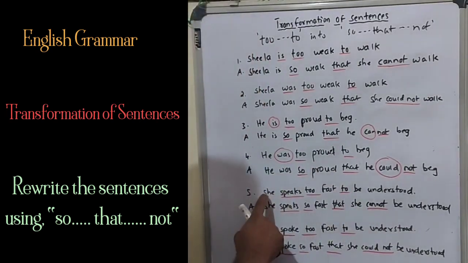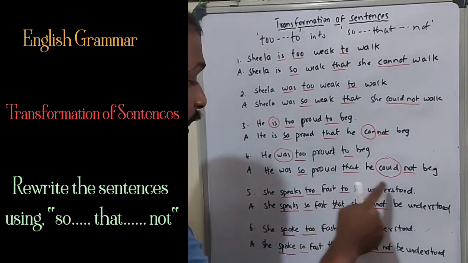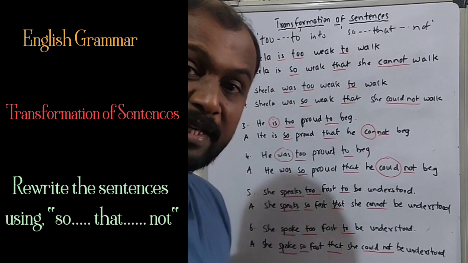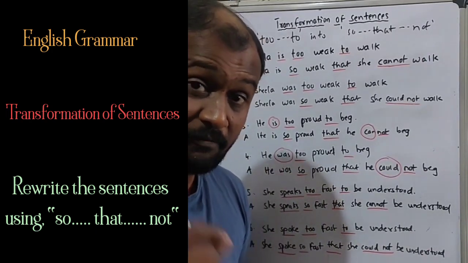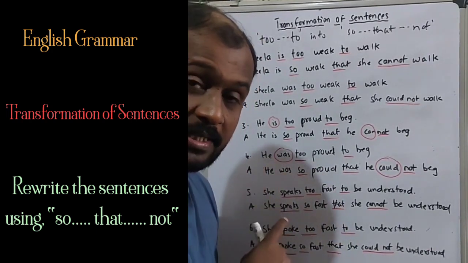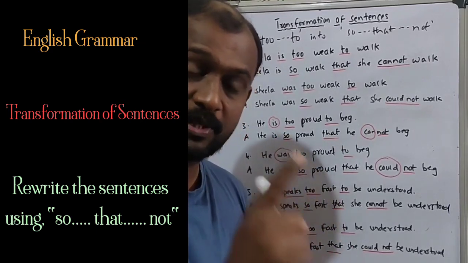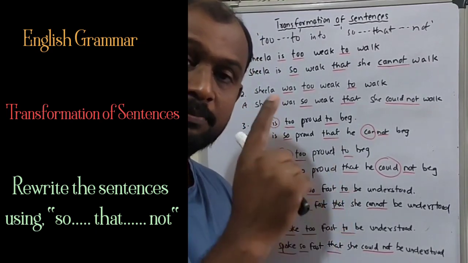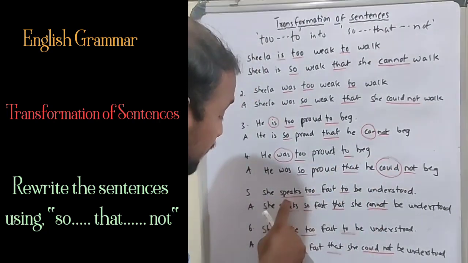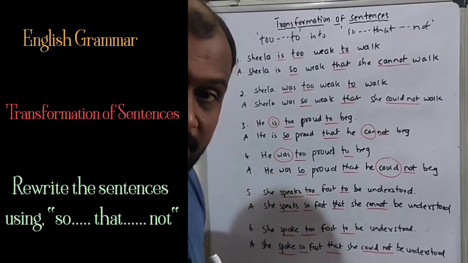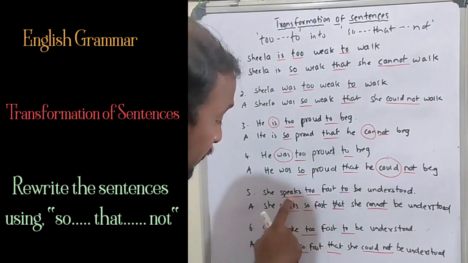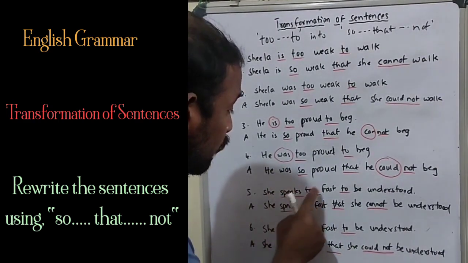Whereas here, in she speaks too fast to be understood, speaks is a finite verb. So this means that it is in fact in present tense. Remember, a finite verb always expresses tense, either present or past. As we have speaks here, this is present tense. Okay, keep this point in mind.